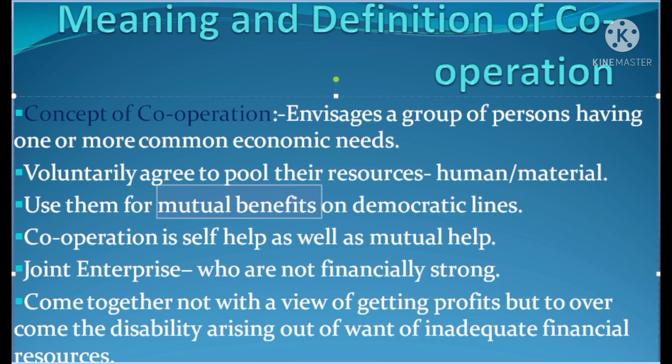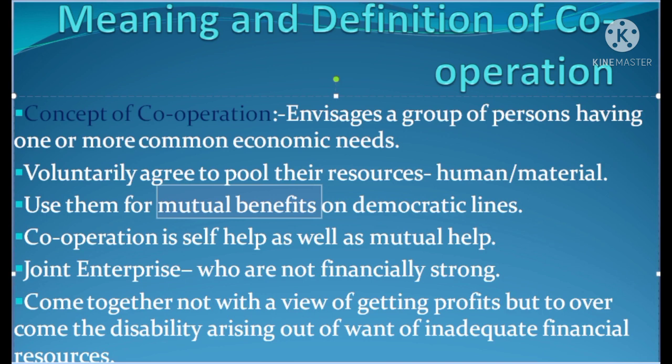And how is this cooperation based upon democratic lines? First point, the membership in a cooperation is voluntary. The admission of a member as well as the retirement of a member is voluntary. There is no compulsion that you have to be a part of this cooperative society, there is no compulsion that you cannot leave, and there is no compulsion that you have to come.